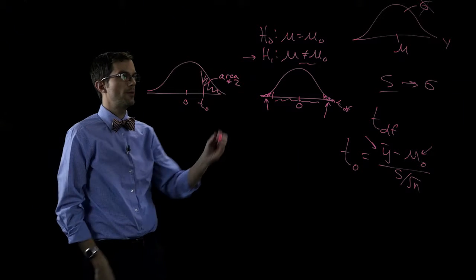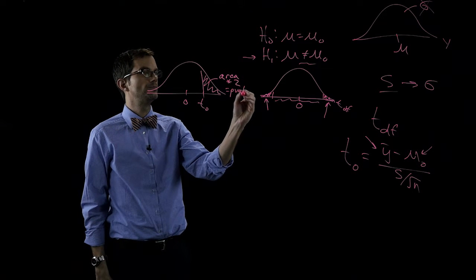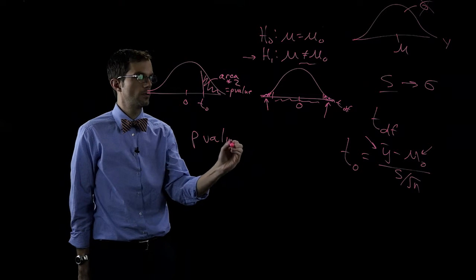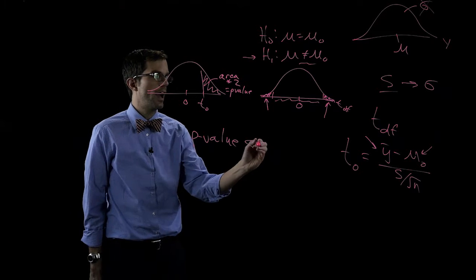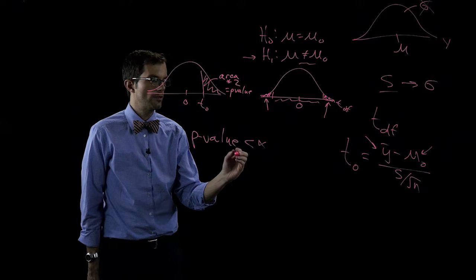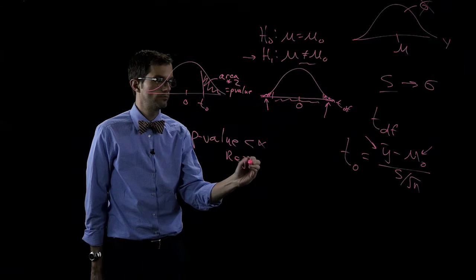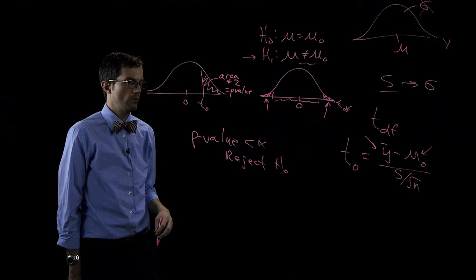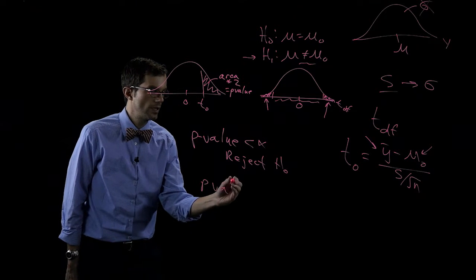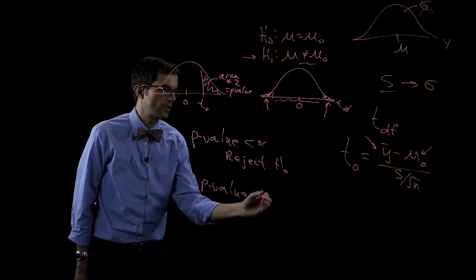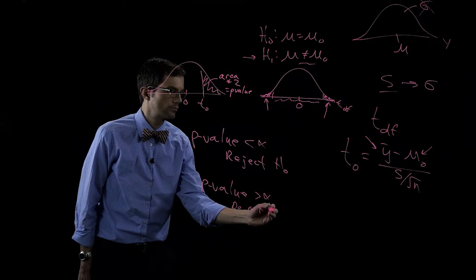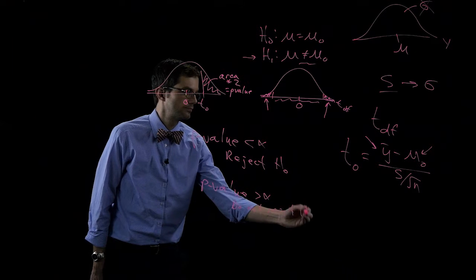Take that area, multiply it by 2, and that's the p-value. Okay? If the p-value is less than alpha, then we reject the null. Okay? If the p-value is greater than alpha, then we do not reject the null.